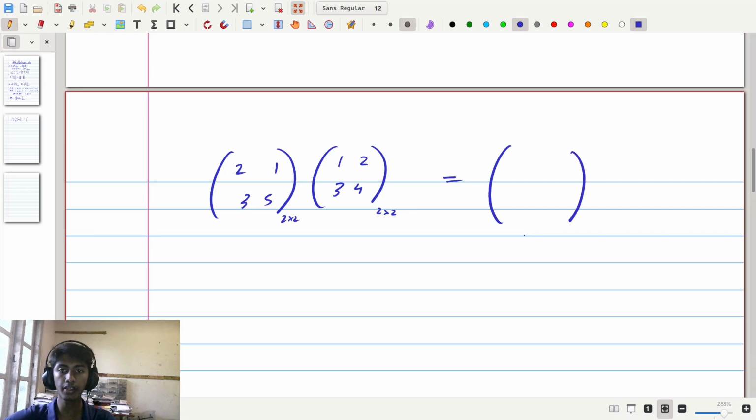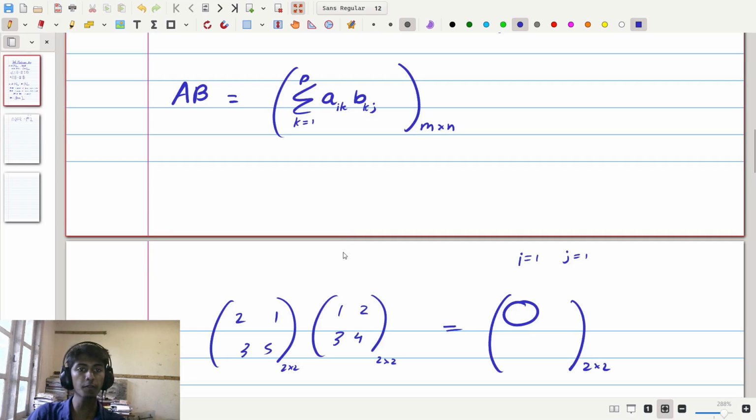So we can see we're going to get another 2 by 2 matrix, and considering this 2 by 2 matrix, what we're going to have on the inside is going to be the first element here times this element plus the first element here times this element. The reason for that is that if you consider this element here, this element corresponding to the first position is i equals 1, j equals 1.